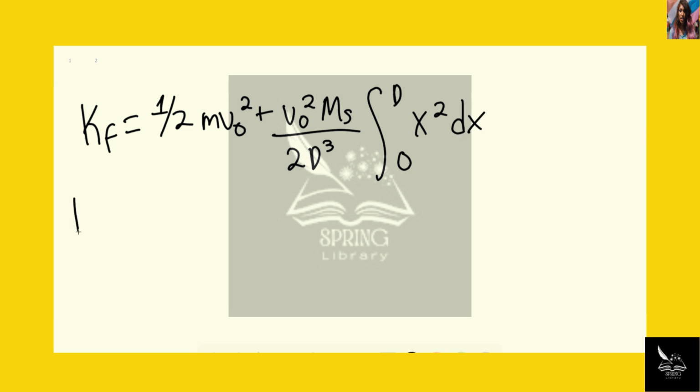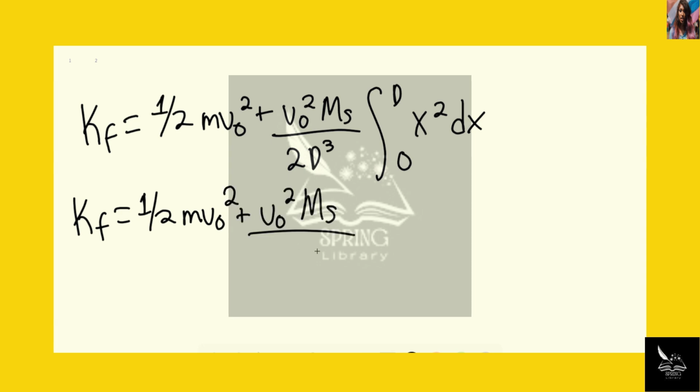And so we find that the kinetic energy final will equal 1/2 m v initial squared plus v initial squared m sub s divided by 2d cubed, and then times d cubed over 3.